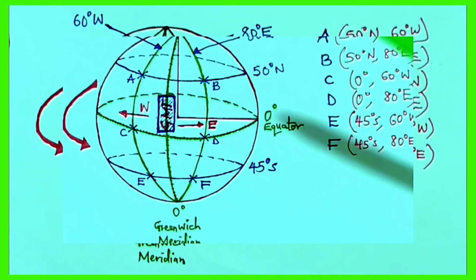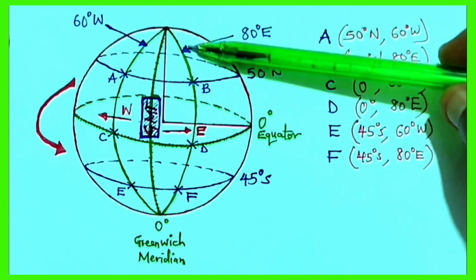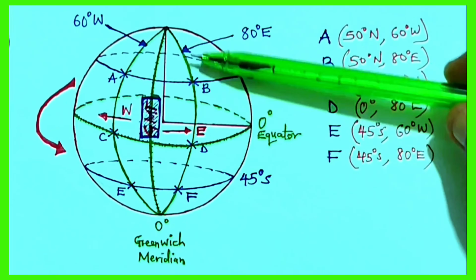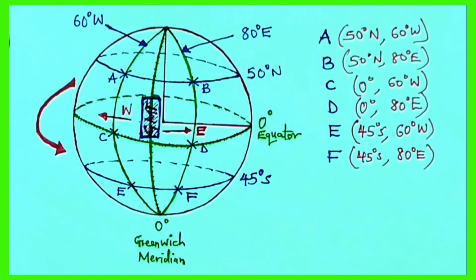Therefore, all meridians or longitudes on the eastern side of Greenwich have their local time ahead of GMT, and the further you go to the east, the further ahead the time. And all the meridians or longitudes west of Greenwich have their local time behind GMT, and the further you go to the west, the further behind the time.